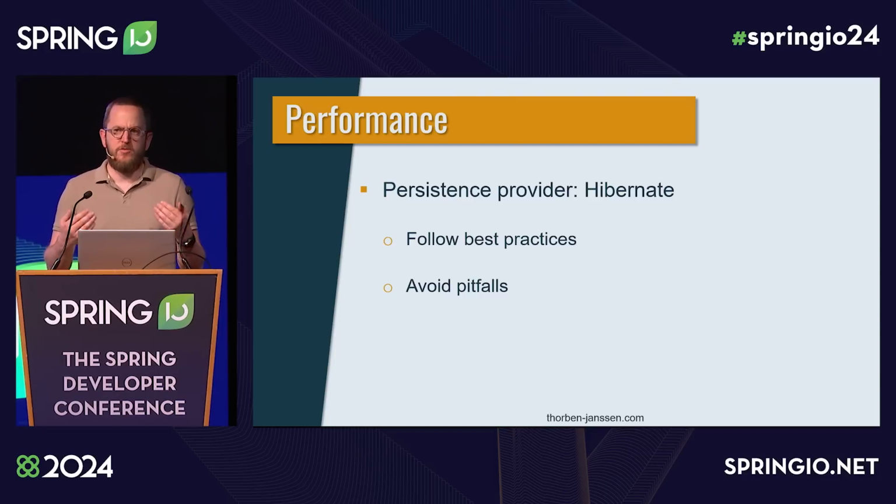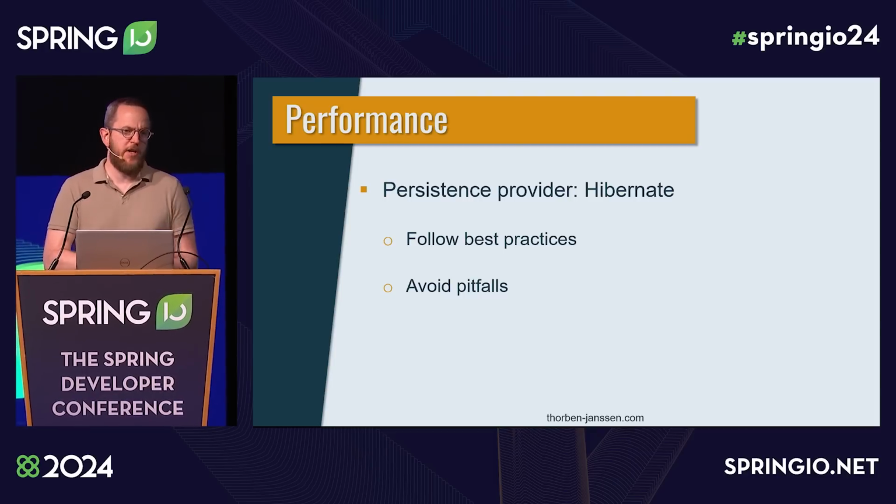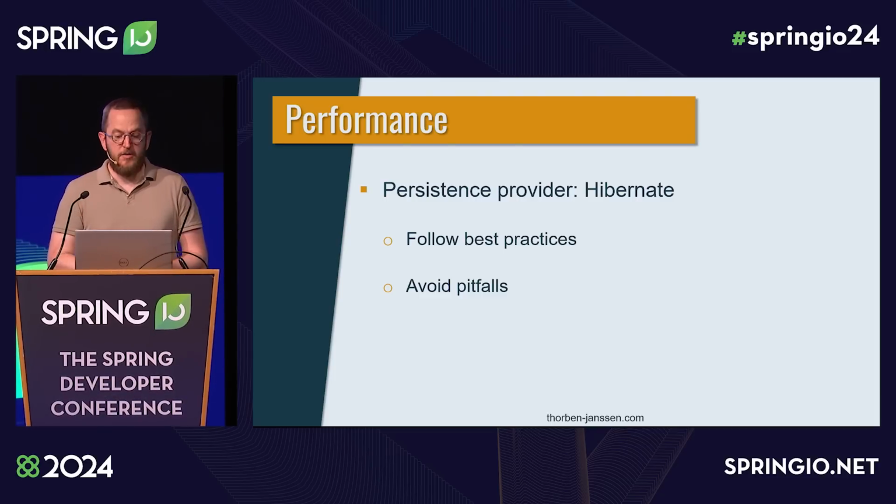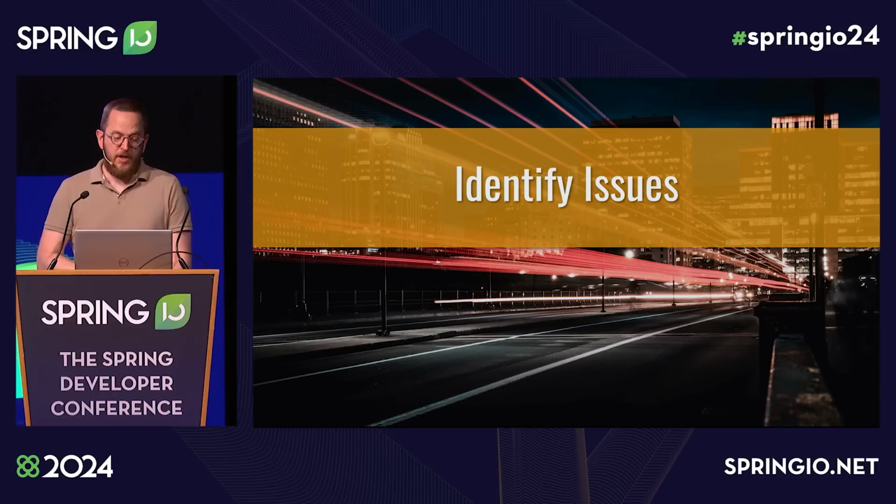If we build or use a framework that's built on something else, we also need to understand the layer below and make sure that we follow best practices and avoid pitfalls there. So in the next 50 minutes, I will show you stuff that's exclusively related to Spring Data JPA, but also a few things that we could or should use from Hibernate.